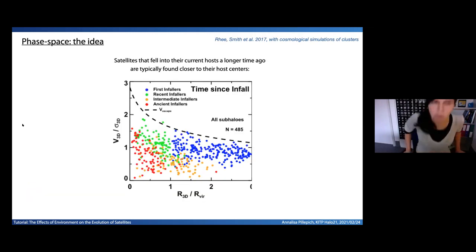Another thing that I want to point out is this idea of the phase space. We touched upon it when talking about the Milky Way and Andromeda. So satellites that fell into their current host a longer time ago are typically found closer to their host center. This is radial velocity versus cluster-centric distance, and the red satellites are galaxies that fell into the cluster we're looking at billions of years ago.